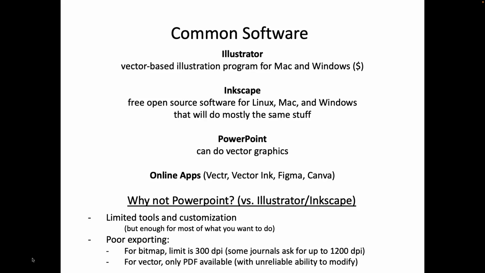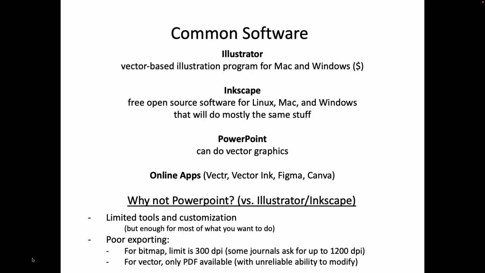But some journals are asking you to export at up to 1200 dpi. And yes, some people that are knowledgeable know that there are ways to go into your registry and change the limit that PowerPoint has, but you can't even do that on Mac anyway. So in any case, if you're trying to create publication-ready things, PowerPoint might not be the ideal way to do it because of those limits.